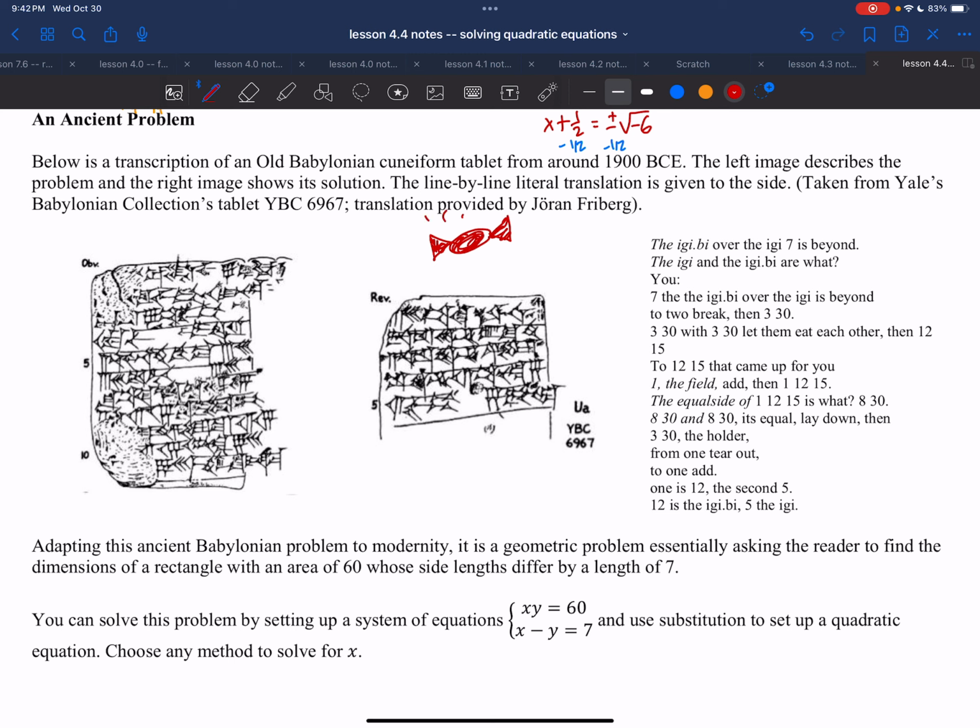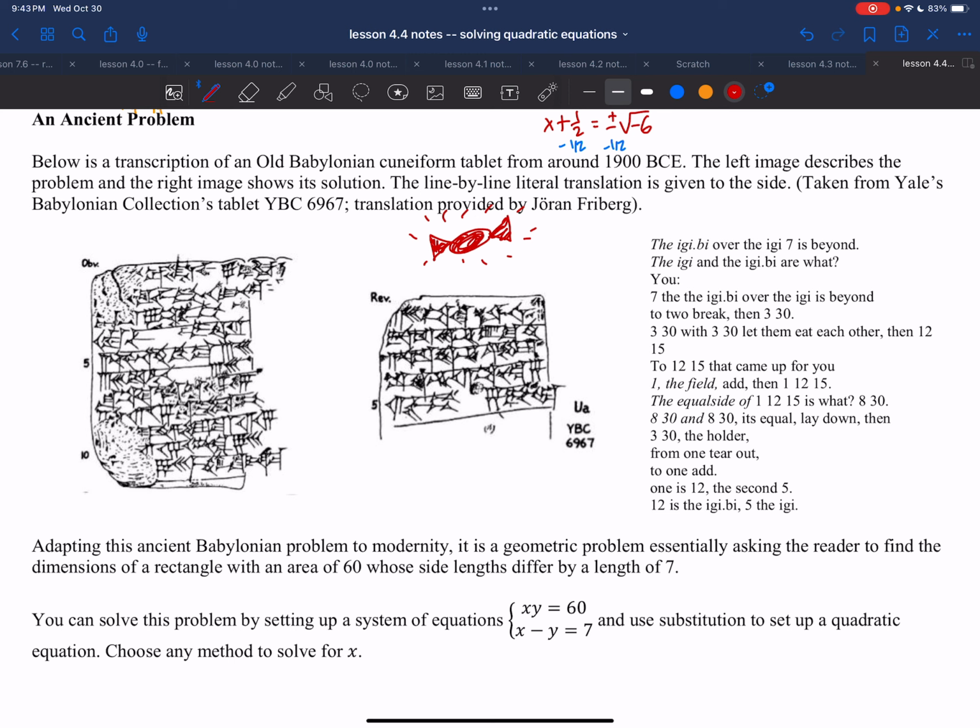Ta-da. And so what I mean is, this isn't something that you're going to be tested on. This isn't really something you're going to totally encounter in the homework. It's just kind of a nice little historical example and a connection to the way we talk about quadratics today. I'm going to visit this sweet treat at the end of the video, okay?